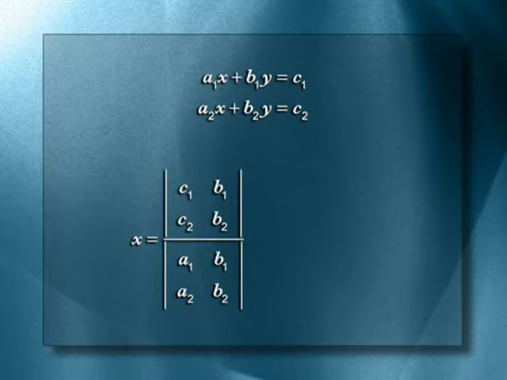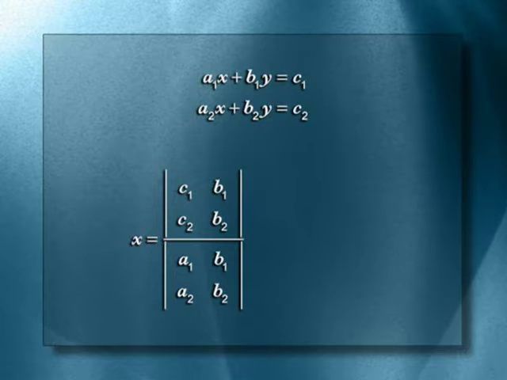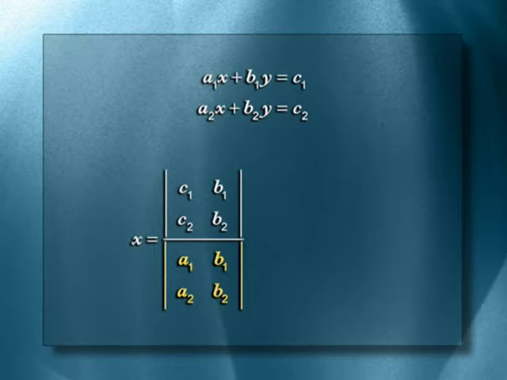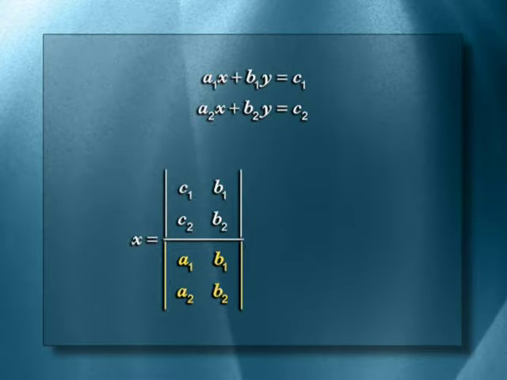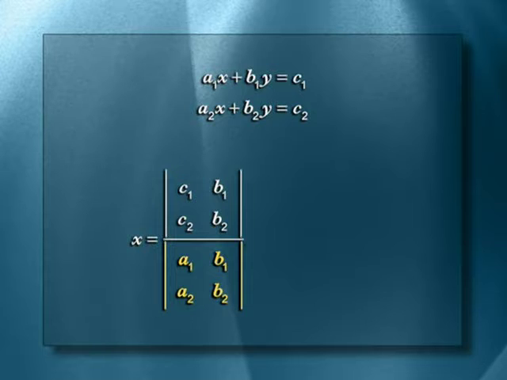Well, here's the answer. Bingo! The answer is explicitly given by Cramer's rule. x equals, here's what x is. It's a quotient. In the denominator is a 2-by-2 determinant, and I'm using that awkward notation of the vertical lines to indicate that it's a determinant. It's the determinant of the coefficient matrix, a1, b1, a2, b2. So the denominator is pretty simple. Now, what's the numerator?